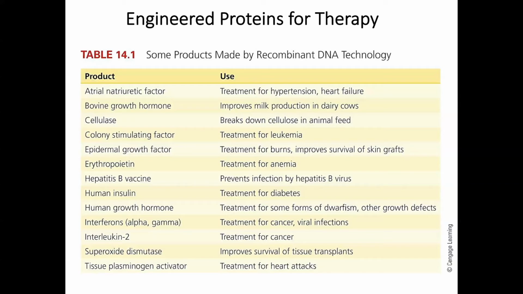So this table lists some products made by recombinant DNA technology and used routinely in clinics to treat patients. I'm not going to go through them in detail one by one, okay? But you just remember that there are recombinant proteins that can be used in clinics.